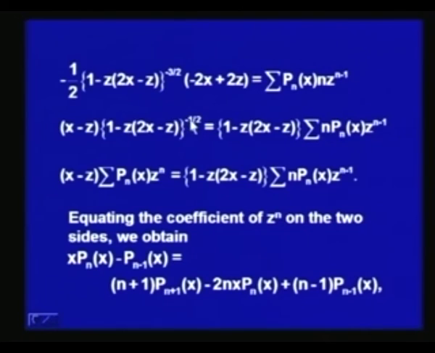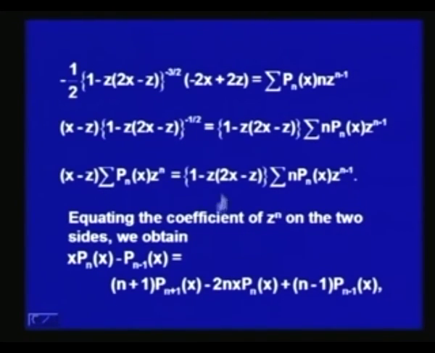And then we make use of this generating function for Legendre's polynomial. We can write this equation as (x minus z) into sigma Pn(x) z^n, and then (1 minus z(2x minus z)) into sigma n Pn(x) z^(n minus 1).